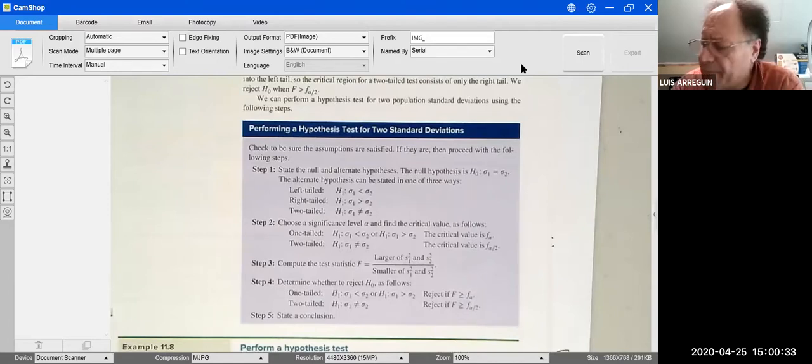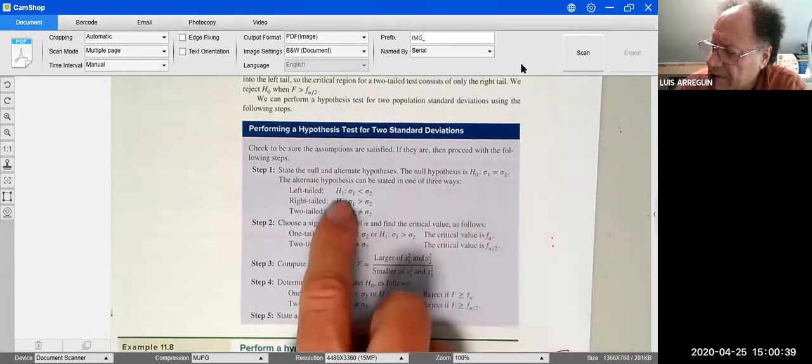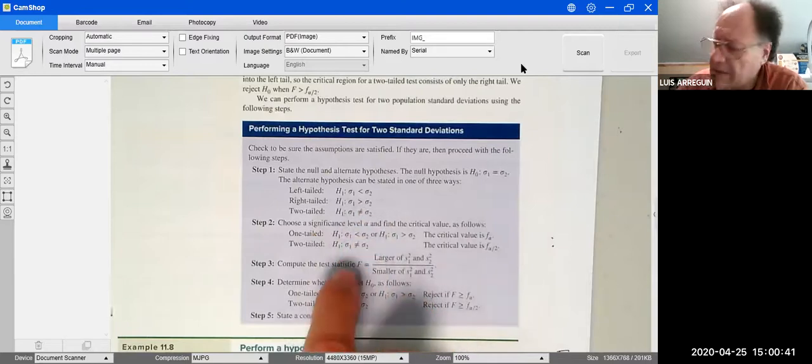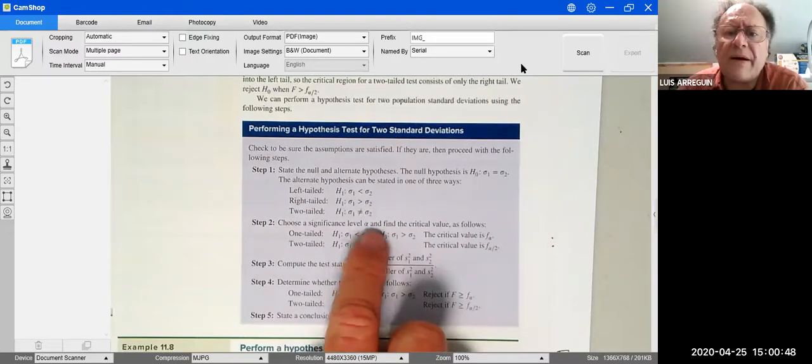So the first step is again the same thing. We set the null hypothesis, we set the alternative hypothesis, then we find or set the level of significance alpha.